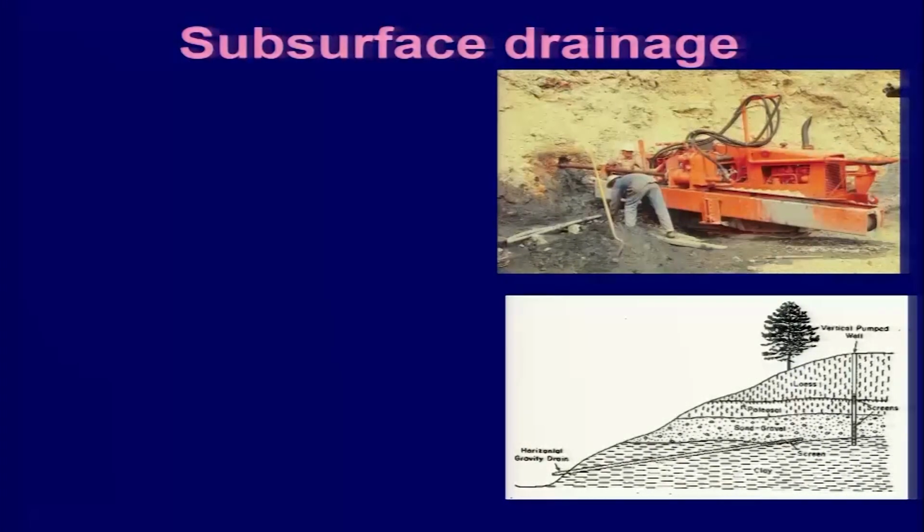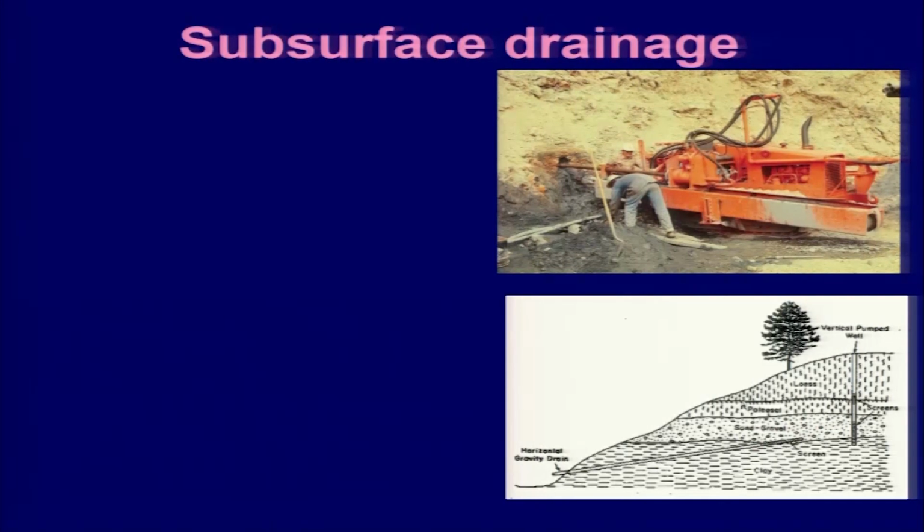Subsurface drainage, if you have a section like this, for example, loess is a wind blown deposit in some areas, but don't bother about all this. What we see is that we have a loose material here, then we have a thick soil, and then we have sandy gravel, and then finally clay.